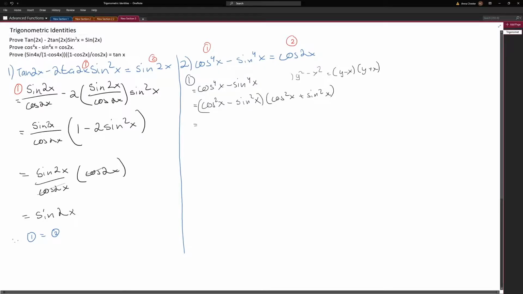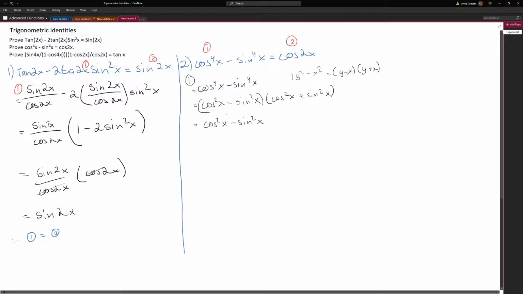Well, what do we know from here? We know that cos squared of x plus sine squared of x is equal to 1. So we actually have cos squared of x minus sine squared of x on this side, right?